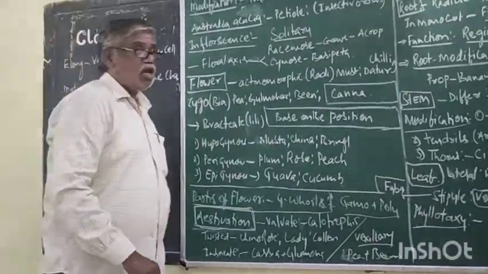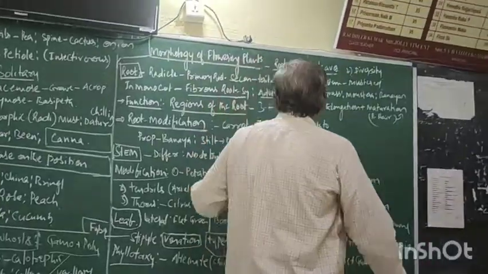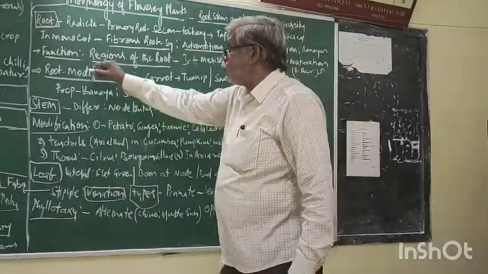Such roots are called fibrous roots. It is a character in all monocots.